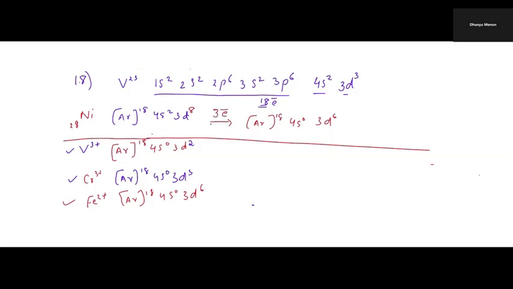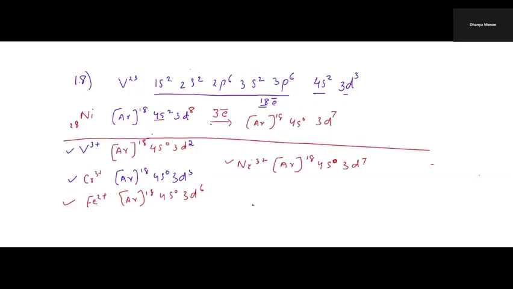So it will lose 2 electrons from s, and 1 electron from 3d. So we get nickel 3 plus, argon 18, 4s0, 3d7. This is 7, not 6. Okay, so students, these are the 4 configurations.